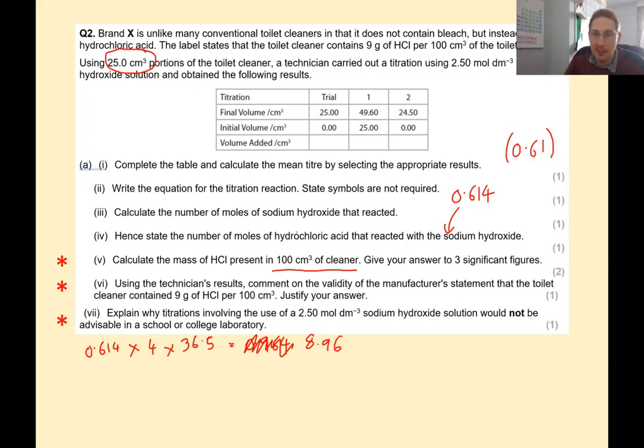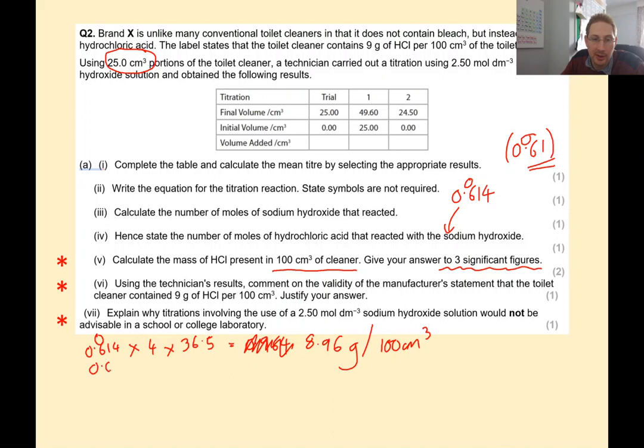8.96. Right, so that must have been, apologies, 0.0614 times 4 times 36.5. So 8.96 grams per 100 centimetres cubed, and that was the right answer. Now, if you'd rounded too early, you couldn't get the right answer to 3 significant figures.